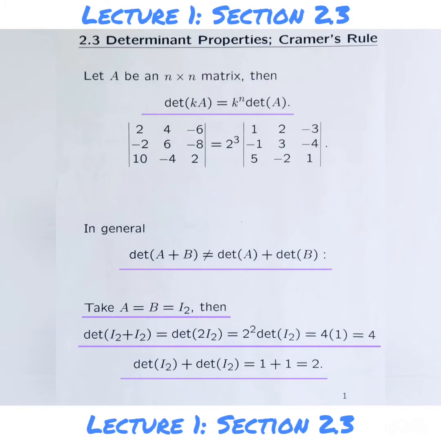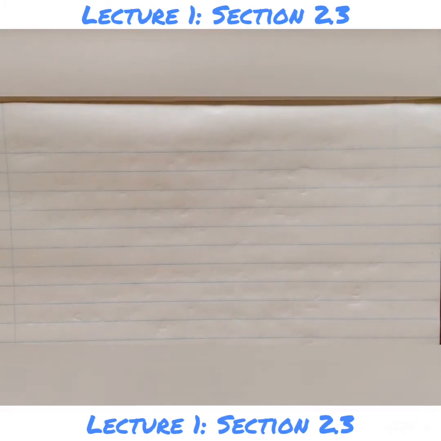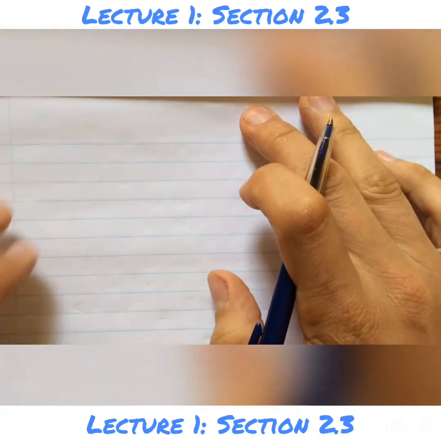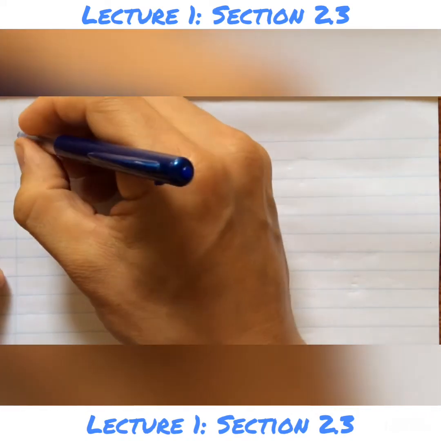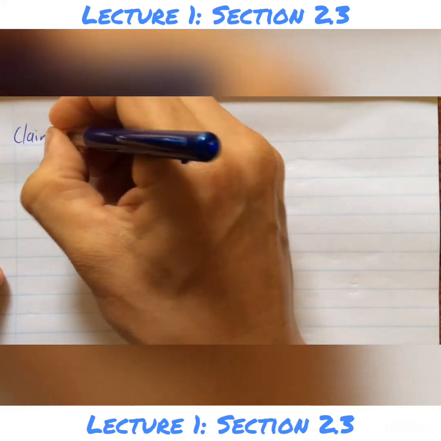So I would just like to look quickly at the derivation of this formula. And what we will be using is induction on n. So let's quickly investigate that. Right, so let's look at the derivation of that identity. We have the following claim.